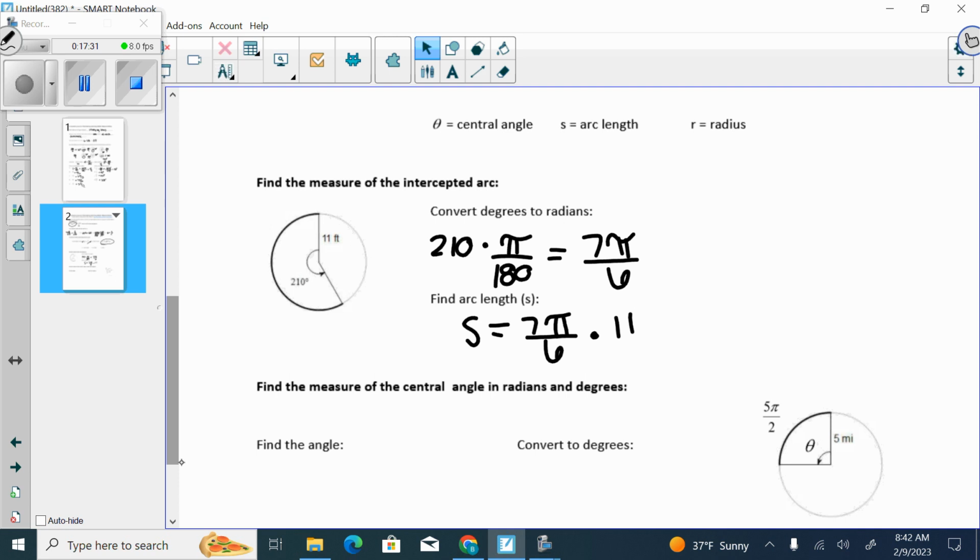And remember, if it's helpful, you can always put this over 1 because we're going to multiply numerators and denominators. So in the top, I've got 7 pi times 11, which would be 77 pi. Good. And then in the denominator, I have 6 times 1, which is 6, and is that fraction going to simplify any? No. So my arc length in radians is 77 pi over 6. Oh, it was feet, wasn't it? So feet.